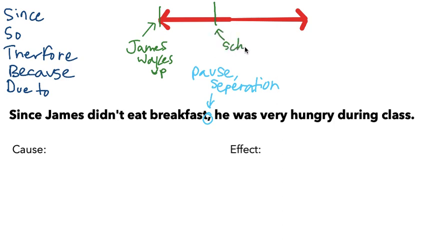Just write school, or go to school, maybe that'll make it easier. So James wakes up. He's probably going to change his clothes and get ready for school. So this area right here is going to be somewhat after he wakes up, around right here.